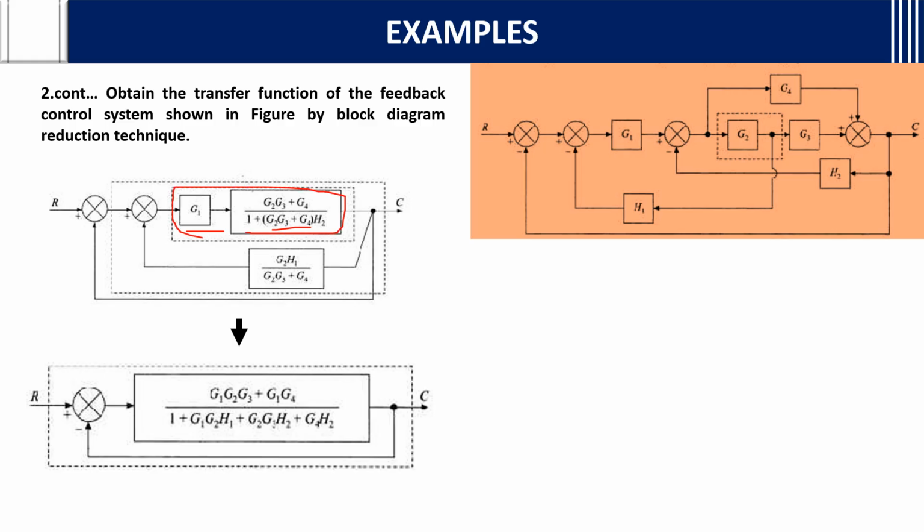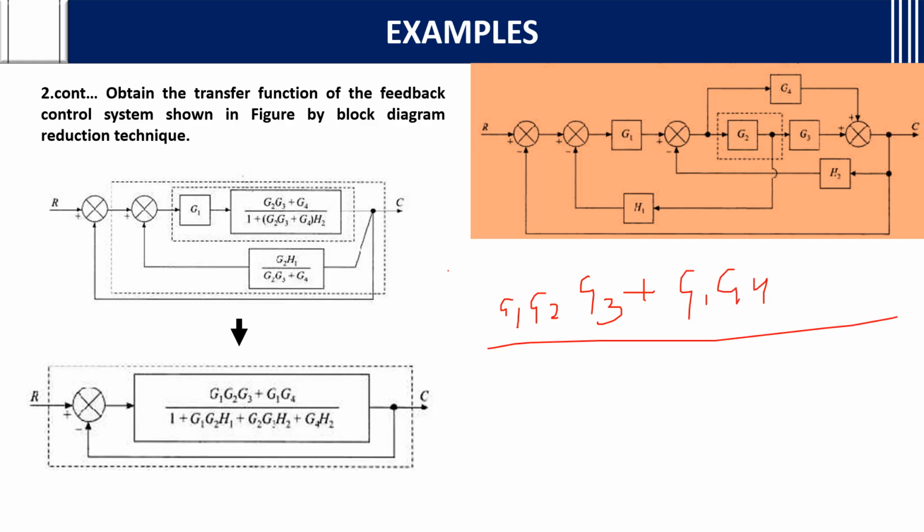This whole diagram, whatever you get, that is G by 1 plus, again you need to multiply this G term into the H term, which is G2 H1 by G2 G3 plus G4. See, I will write here if you are not understanding. After multiplying you will get G1 G2 G3 plus G1 G4 by 1 plus G2 G3 plus G4 into H2.